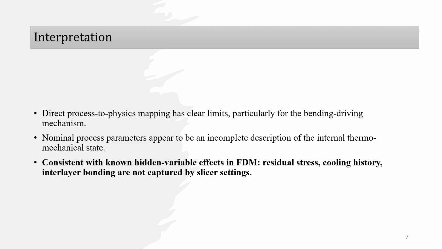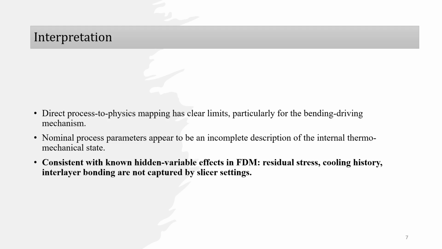This result is consistent with what is known about FDM printing. The final internal state of the printed part is affected not only by the selected slicer parameters, but also by cooling rates, residual stress development, local bonding quality, and layer by layer thermal history. These are not explicitly included in the available input variables.